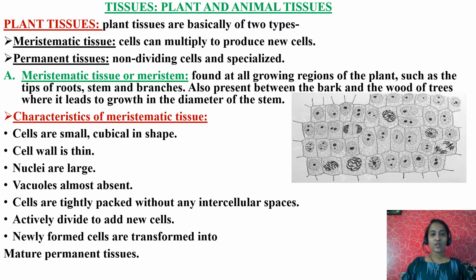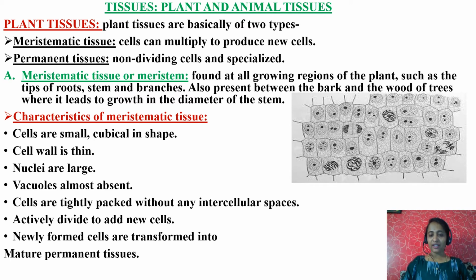Next, they are also present between the bark and wood of a tree, where it leads to growth in the diameter of a stem. As I told you, meristematic tissue increases both length as well as size. What is meant by bark?